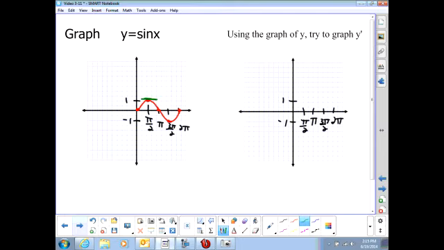So at pi over 2, there's a horizontal tangent line, meaning our derivative should have a y value of 0. So at pi over 2, we'll plot a y value of 0 for the derivative of sine x. Likewise, at 3 pi over 2, we have a horizontal tangent line, so we'll put that there.